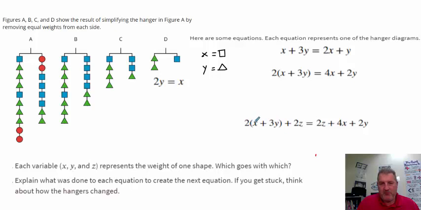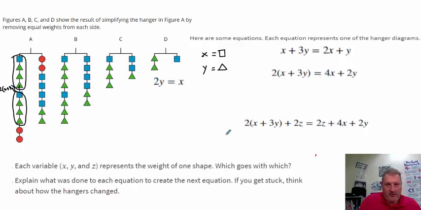So we have 2 of these. So let's go over to this equation and see if we have 2 groups of a square and 3 triangles. Here is a square and 3 triangles. So there's one group, right? Do we have another group like that? Yes, we do, right here. So this right here is 2 times the quantity x plus 3y.